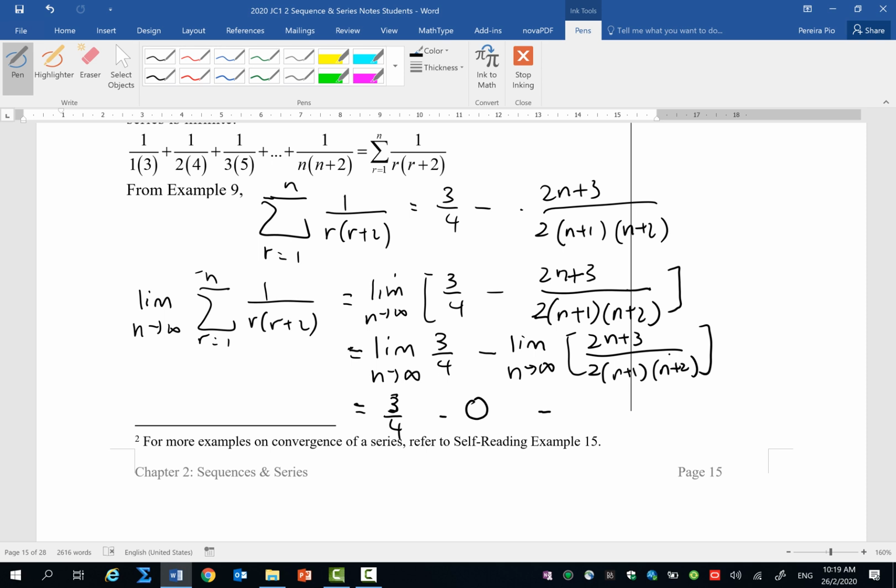If you look at the top, 2n plus 3, it is increasing linearly. If you sketch two graphs, the top one is a straight line and the bottom one is a quadratic curve.